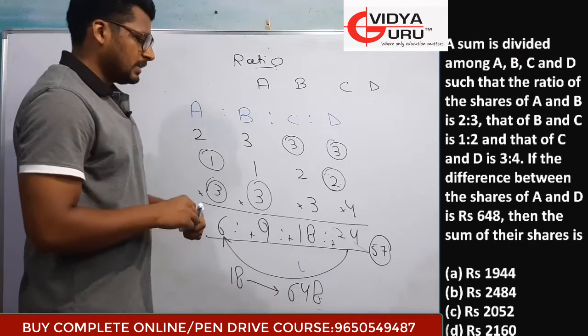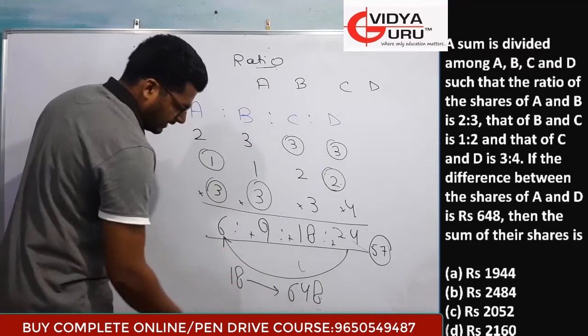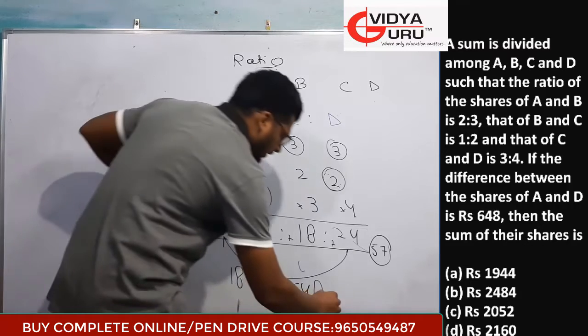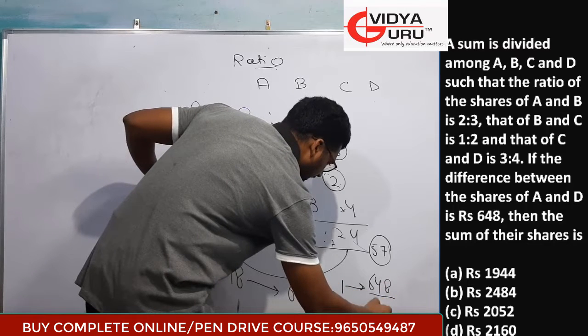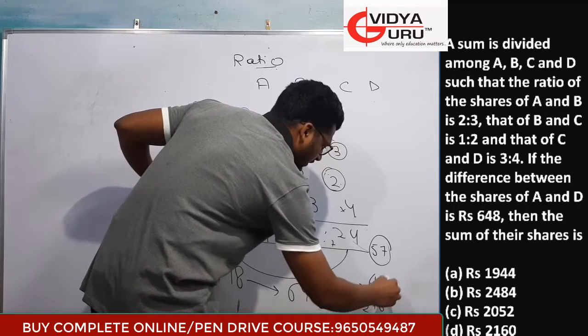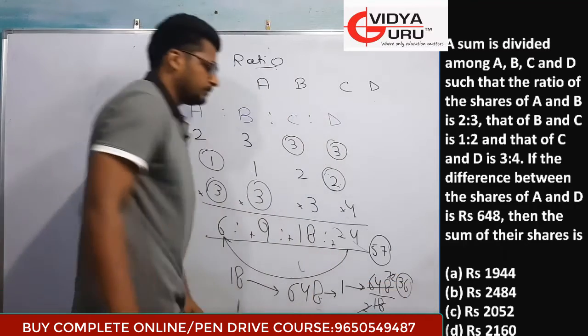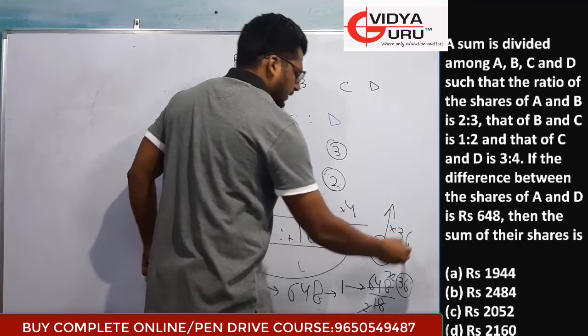Value of 18 is 648. Then how many times is it becoming? Value of 1 will be 648 by 18. If I cancel out by 9, 2, it is becoming 36 times. So value of 57 will also be 36 times.